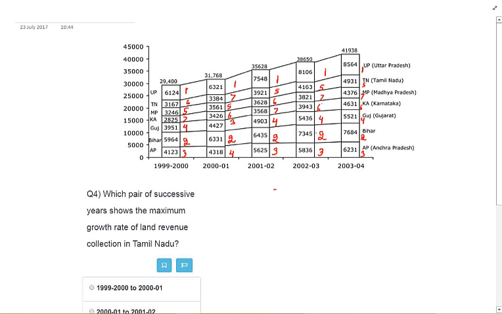The rate increase is roughly, again we are doing rough, 200 by 3677. Then here there is a big jump, 3384 to 3921, which is roughly, if you assume, 750 by 3384.